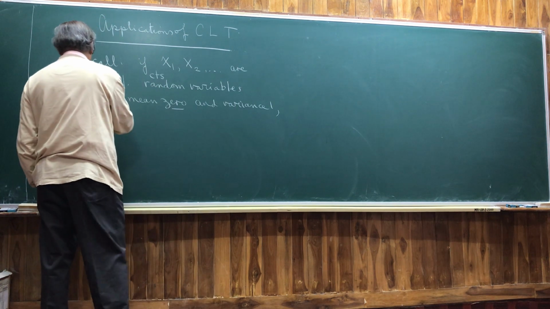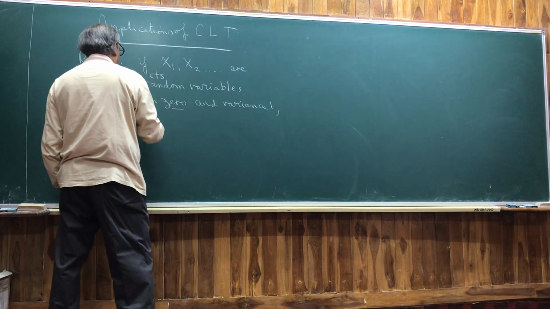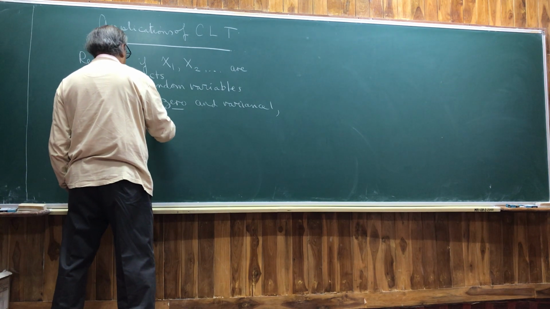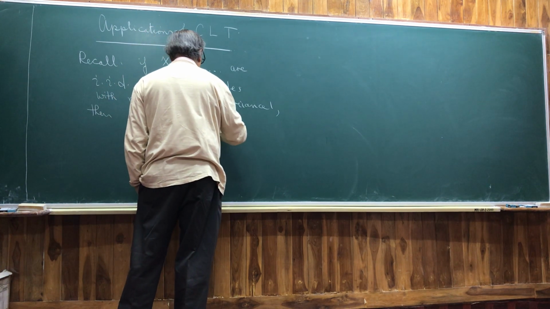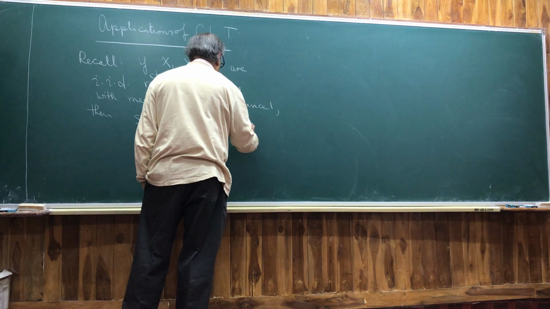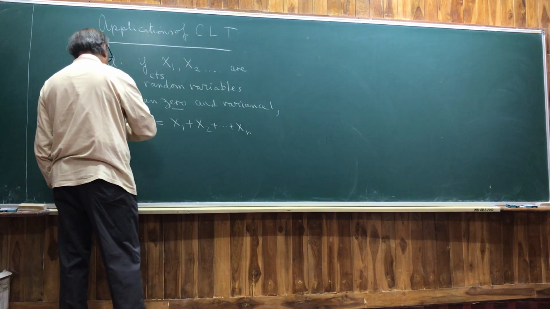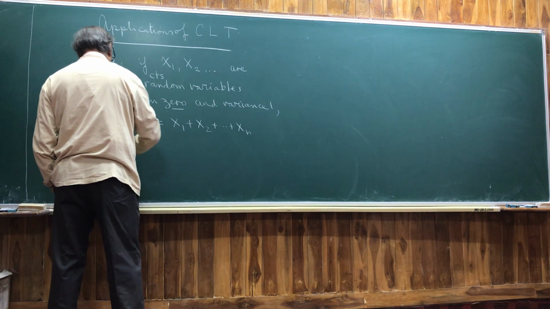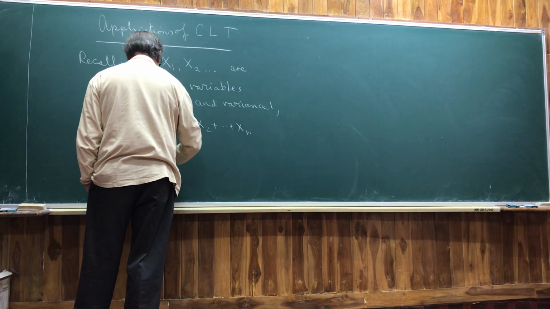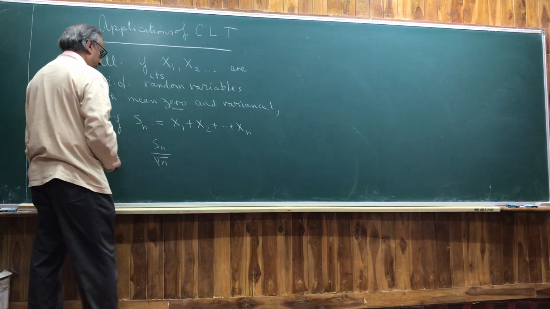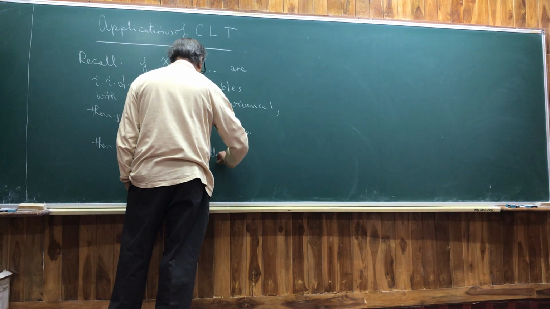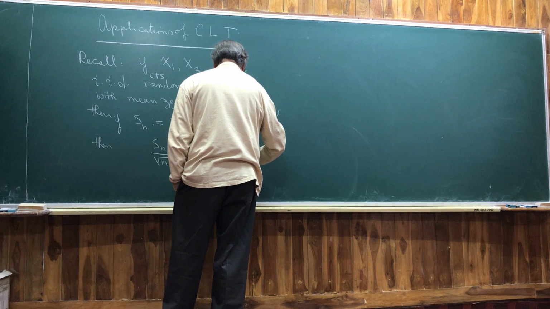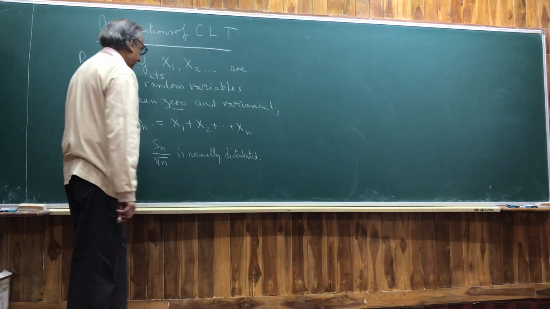Then the quantity Sn equal to x1 plus x2 dot dot dot xn, if this is the case, then Sn divided by square root of n is normally distributed. That was what we proved yesterday.